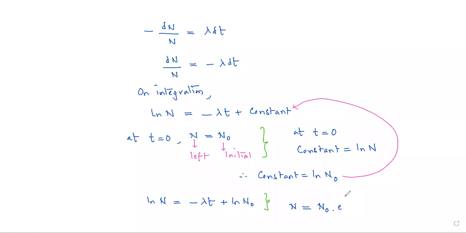N is equal to N0 into e power minus lambda t. Of course, taking logarithm of this will give you this. And this also is a very important relation.